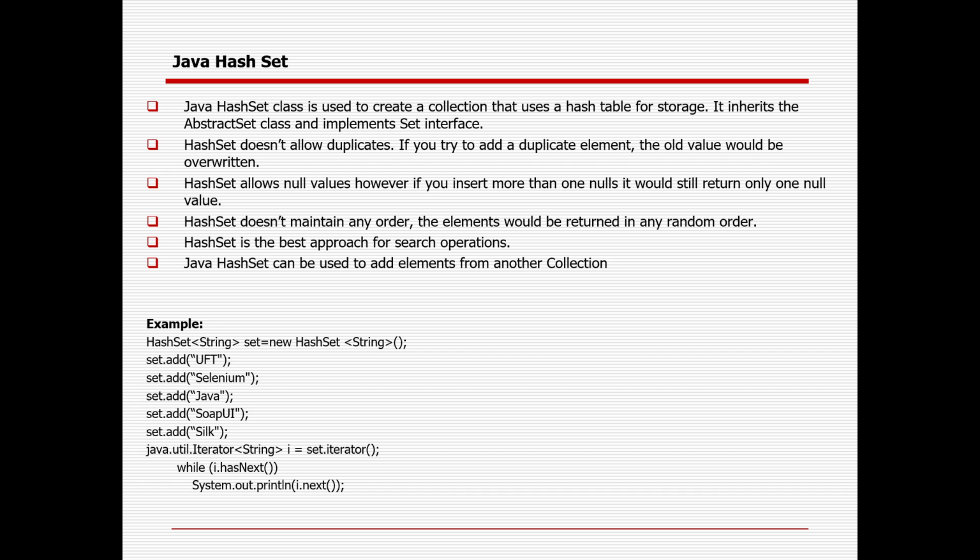But tree set means in case you want to get the alphabetical order, then you need to use tree set in real time. So these are the different collection frameworks that will help you, because the collection framework objective is storing, manipulating, searching the data, right? So we'll deal with the hash set.